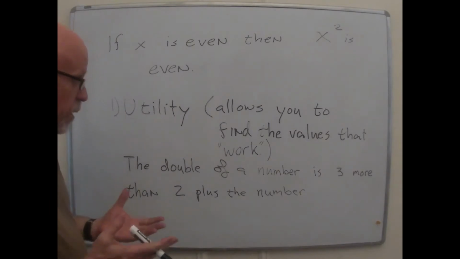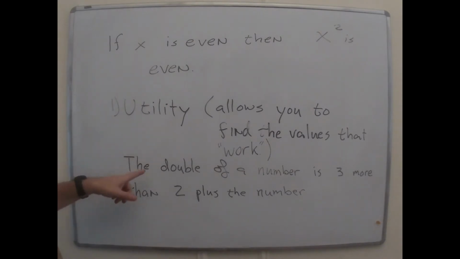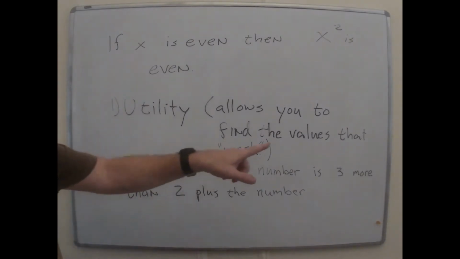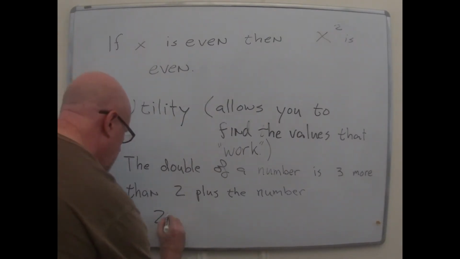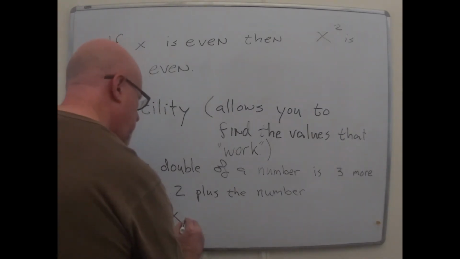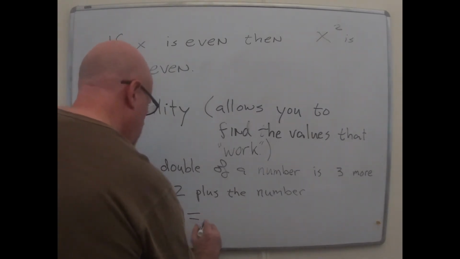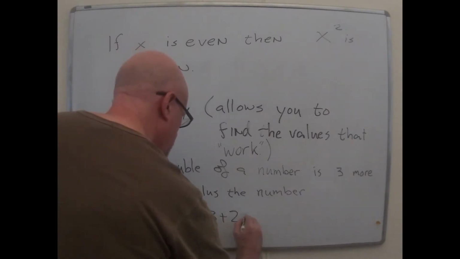And this utility I'm talking about is really the value of getting an x. So when I say the double of a number is 3 more than 2 plus the number, I think I'm writing this, that 2x is equal to 3 plus 2 plus x.